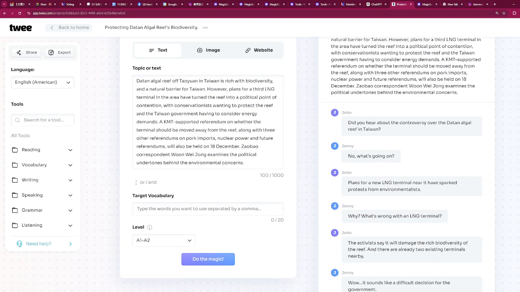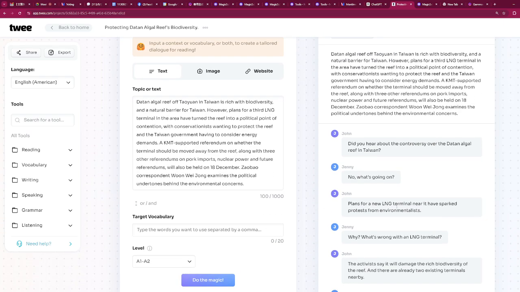So you could see from the same topic, if we're using a dialogue, it's clear as to what we want the kids to know, to cover what the issue on Datan Algal Reef is, environmental protection or energy demand. All right.